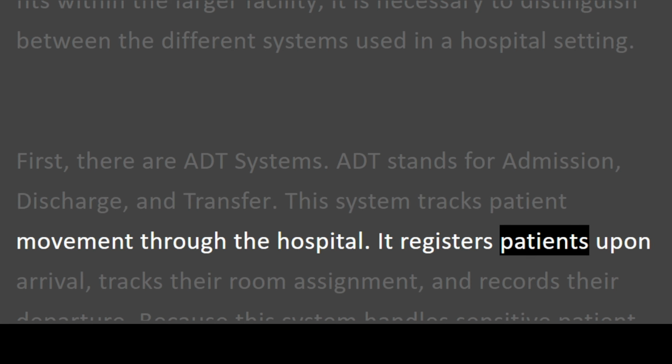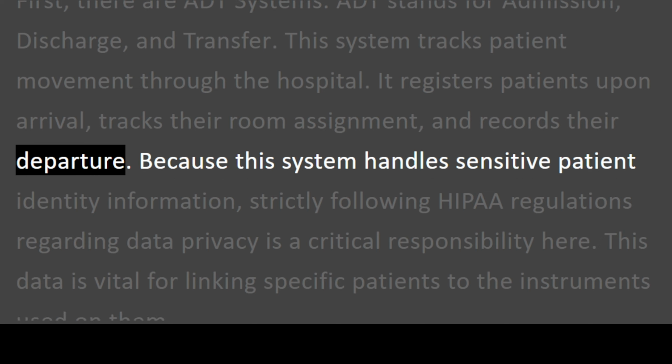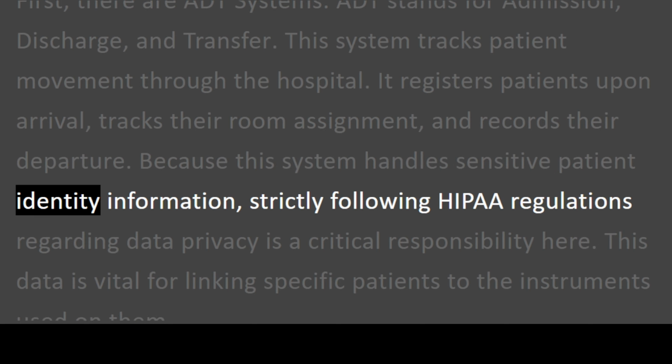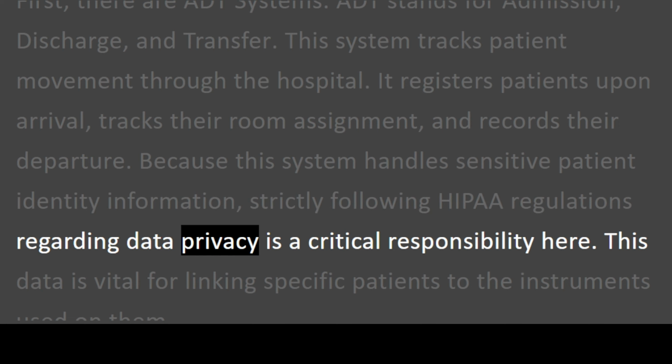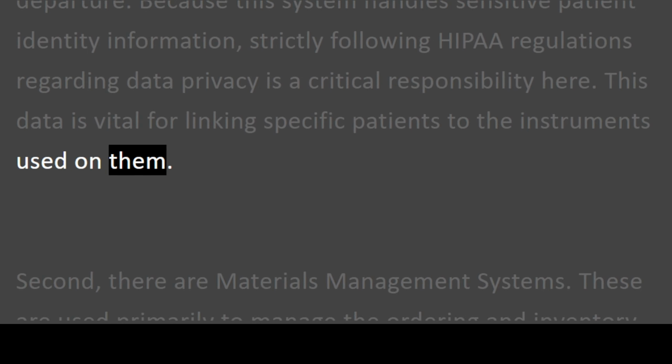It registers patients upon arrival, tracks their room assignment, and records their departure. Because this system handles sensitive patient identity information, strictly following HIPAA regulations regarding data privacy is a critical responsibility here. This data is vital for linking specific patients to the instruments used on them.